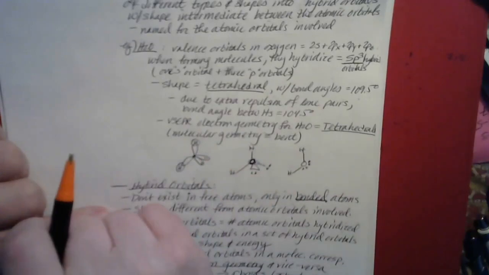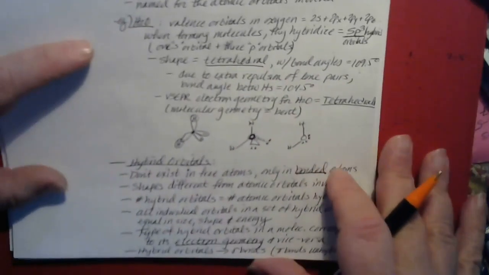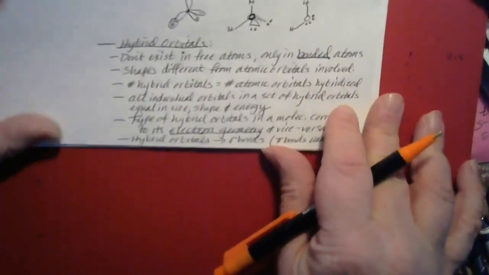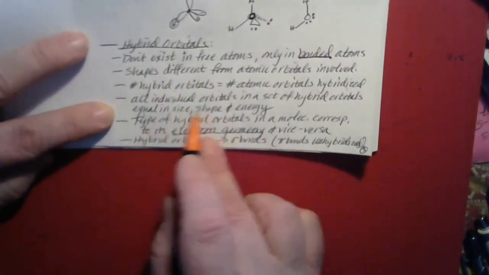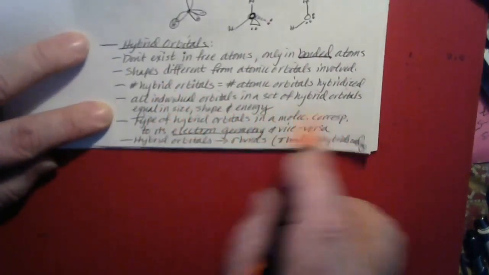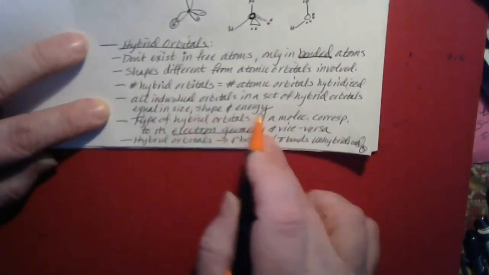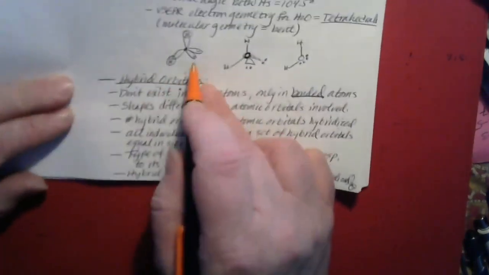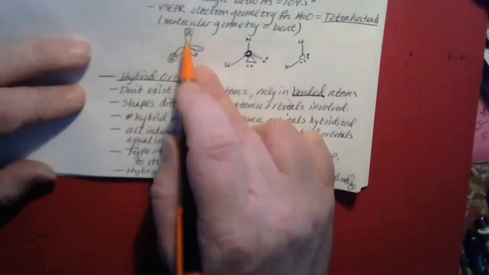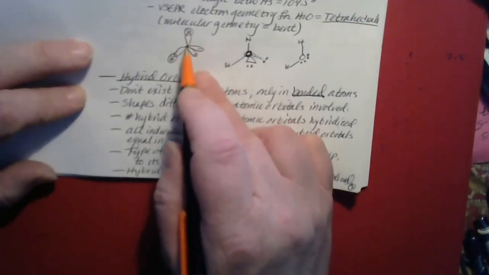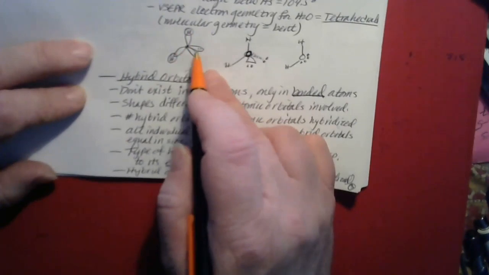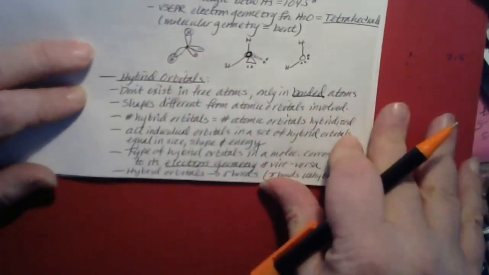And that gives you a tetrahedral electron pair arrangement. And it works the same way with all of the other types of hybridization that we'll see in the near future. All of the individual orbitals in a set of hybrid orbitals are equal in size and shape and energy. I didn't draw this very well here, but all of the lobes in this sp3 hybrid set of orbitals should be the same size and the same shape, and they all have the same energy.